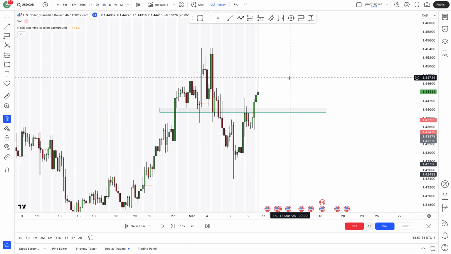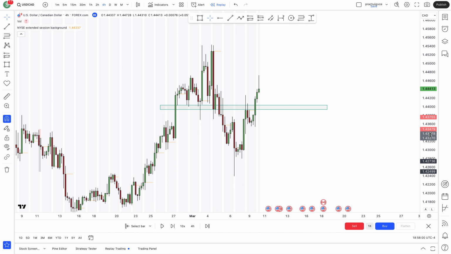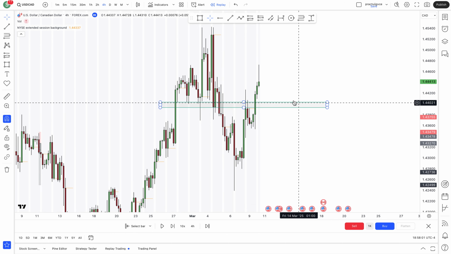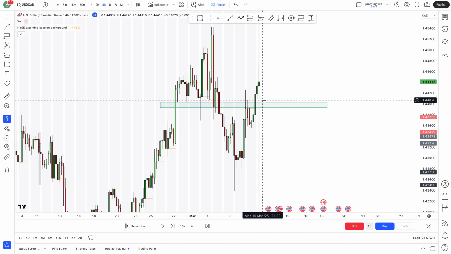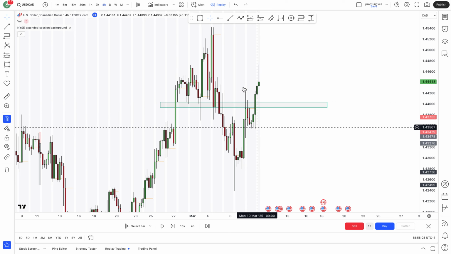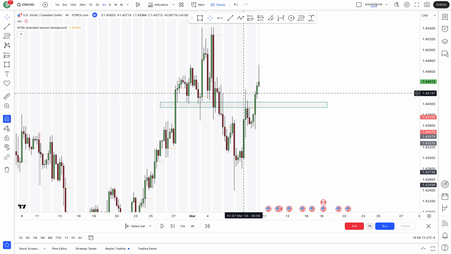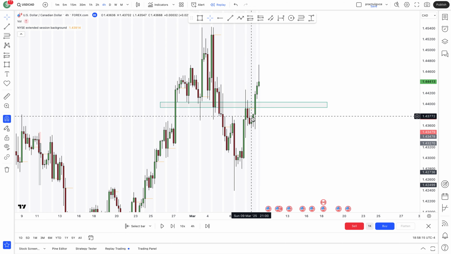So once you have that, remember I said three things? The third thing that you need to look out for, you just need to make sure you have a clear area where, you know, the trade would be invalidated, right? Let's say we didn't reject here and we just blew straight through it. We wouldn't have any area to use as an invalidation point.